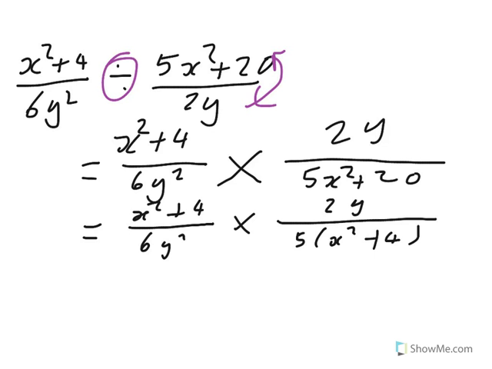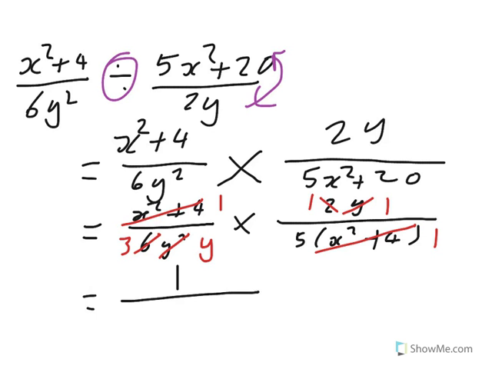So now we look at some cancelling. x squared plus 4 goes into itself once. 2 goes into 6 3 times, and 2 goes into 2 once. And y goes into itself once, and y squared y times. So on the top we'll have 1, and on the bottom we'll have 15y.